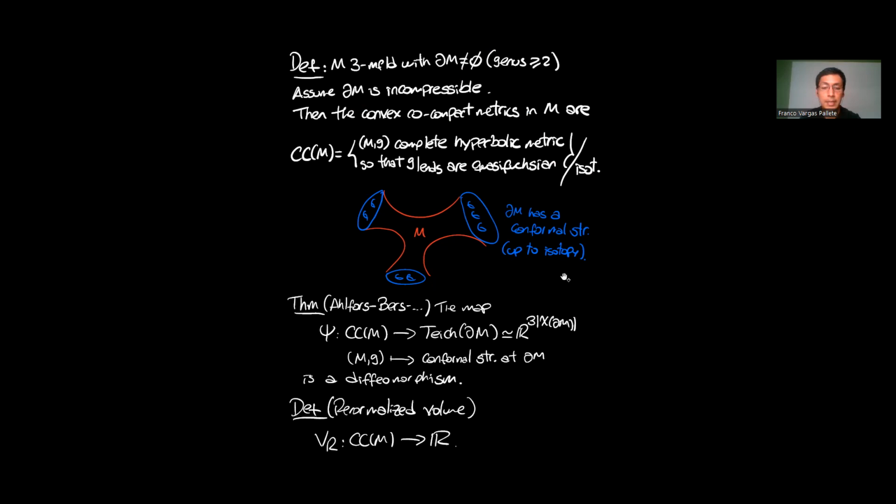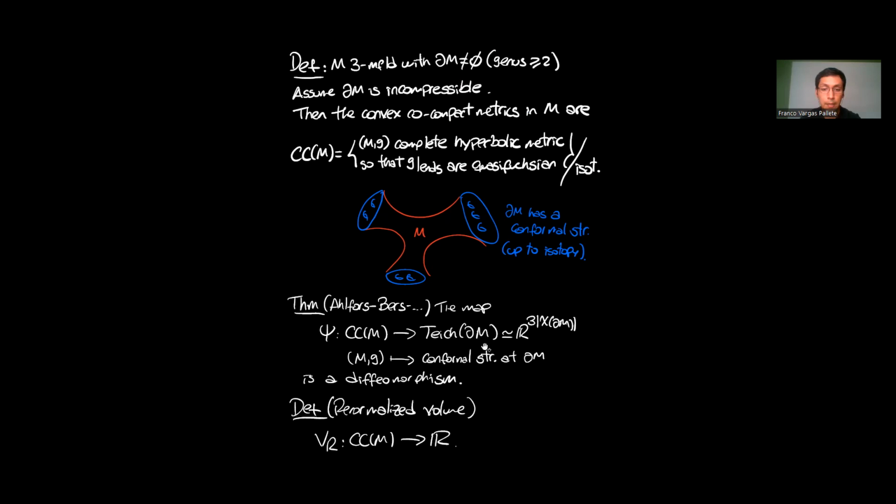There is a map from the space of convex co-compact metrics to the space of conformal structures at infinity modulo isotopy, which is one of the characterizations of Teichmüller space. This map goes from metrics to conformal structures, and the theorem says that this map is a diffeomorphism.